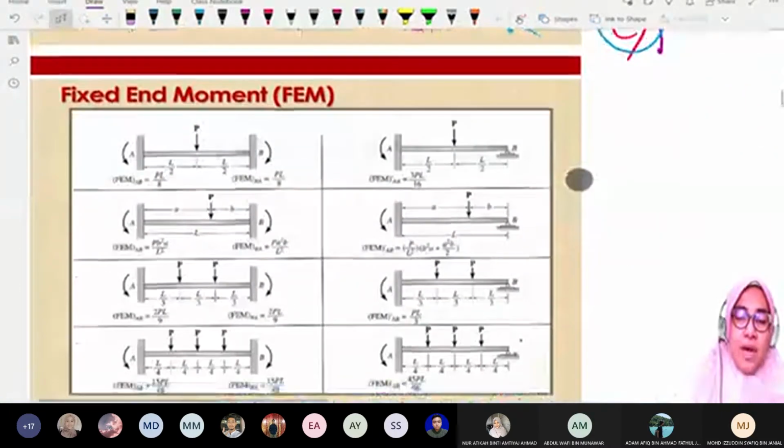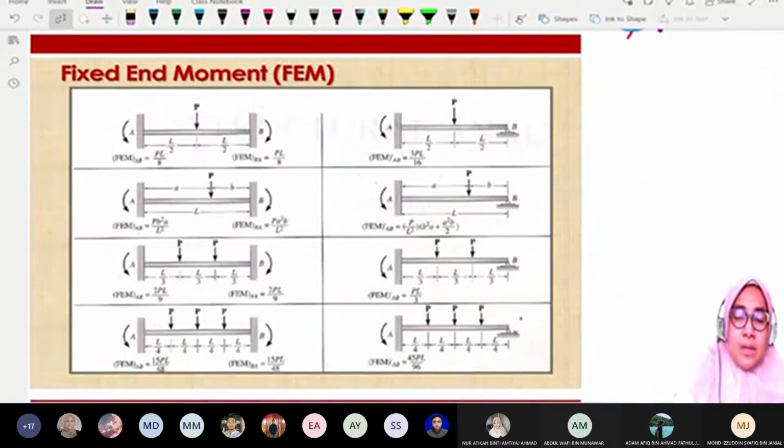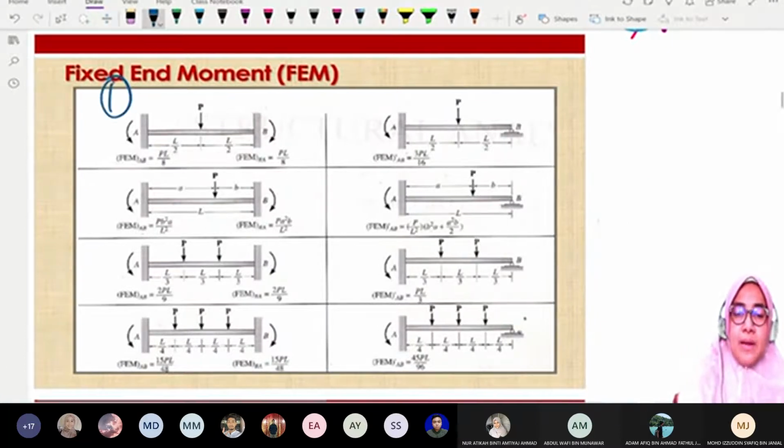So we have several types of cases. Basically yang the most popular yang ni number one, yang selalu ditanya dalam soalan. Ni tak, 3, 4 ni tak.